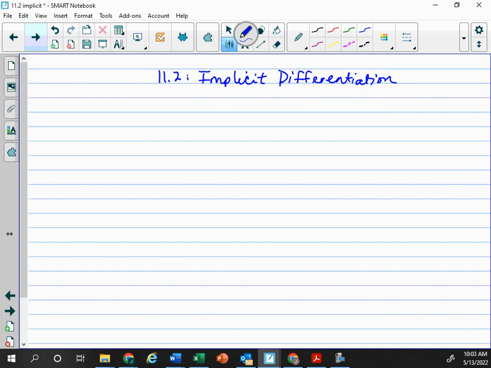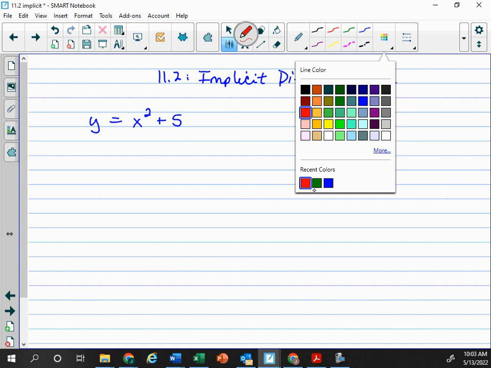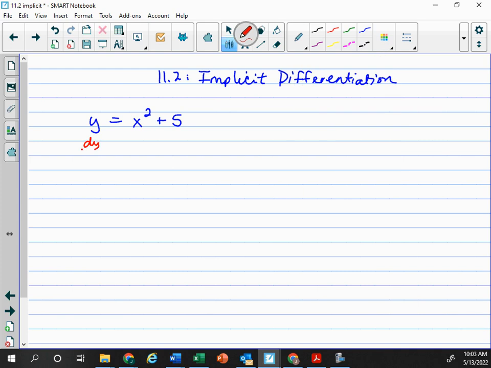So far, if I gave you something like y equals x squared plus 5, and I said find dy dx, would you know what I was asking for? Yeah, derivative of y in terms of x. So what would you tell me the answer to that is?